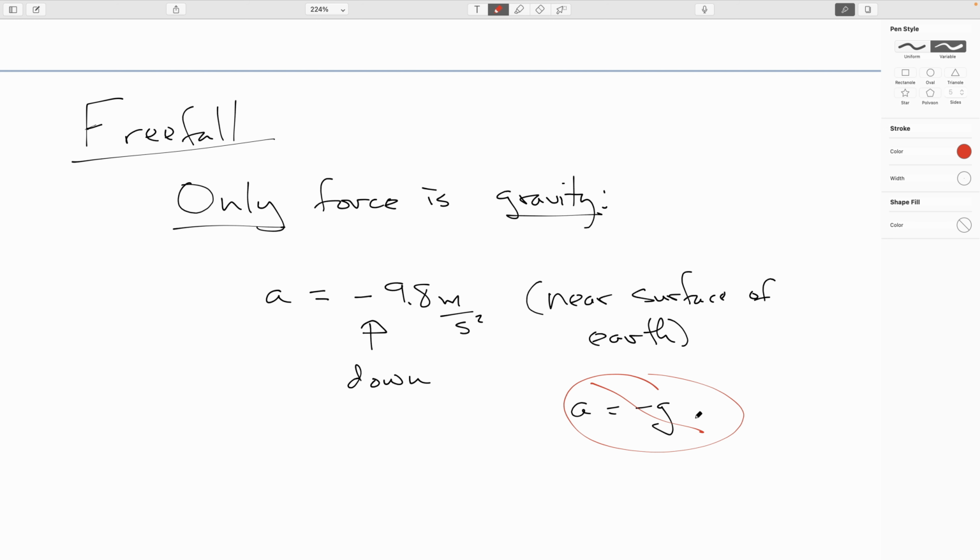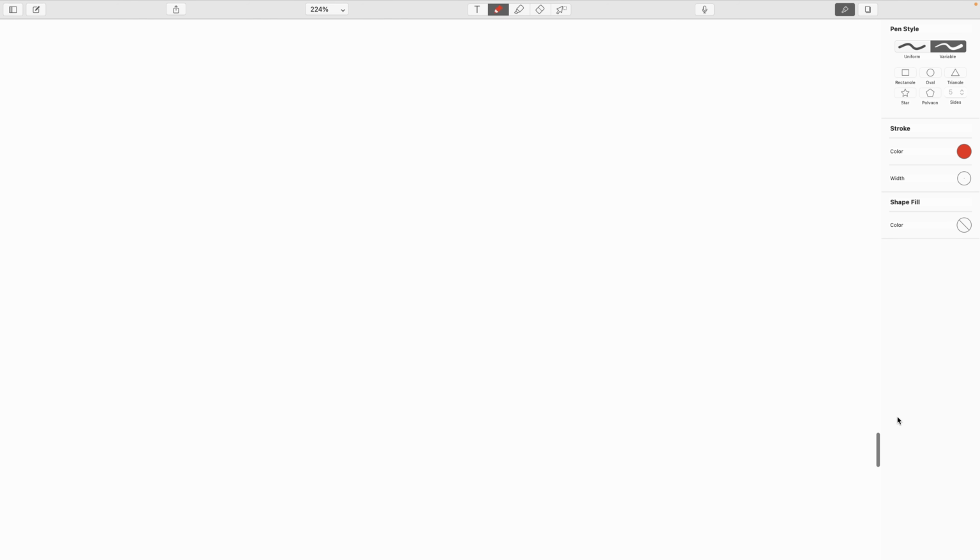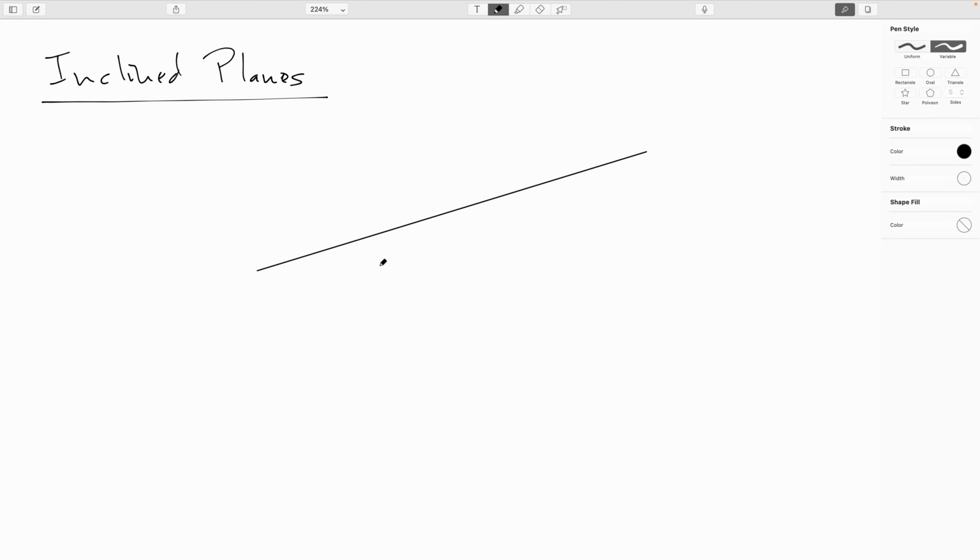The other caveat is, say, if you have an inclined plane. We'll derive this later, but sometimes you see it in problems right away. So say if you got an object either moving up or down a ramp, it doesn't matter.